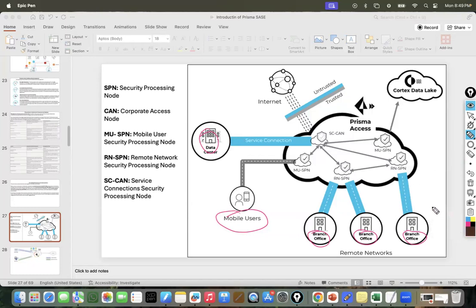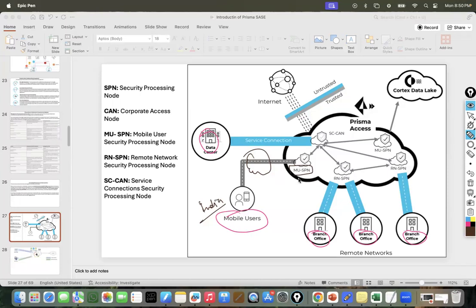And these connections have been classified with different names in the Prisma Access. So let's suppose this is the mobile user and it is landing to the nearby one. Let's suppose he is in India, right? And he's landing over this ISP circuit. So via the ISP, he is landing to the nearby data center of the Prisma Access. That data center is known as the MUSPN. What is MUSPN?